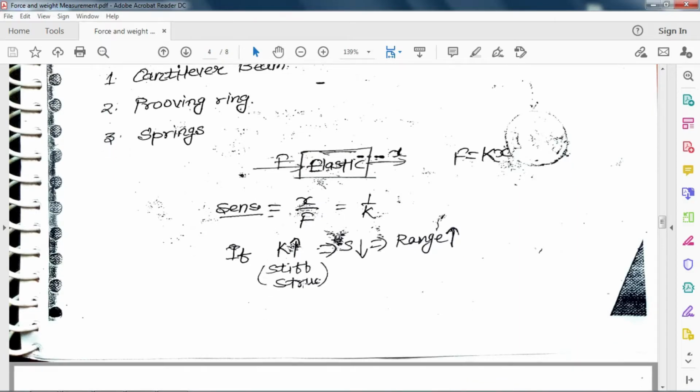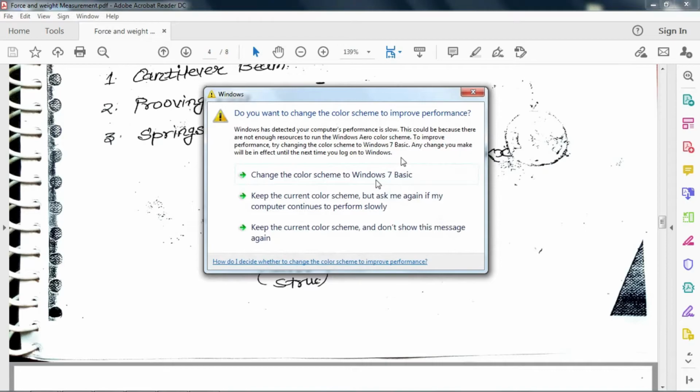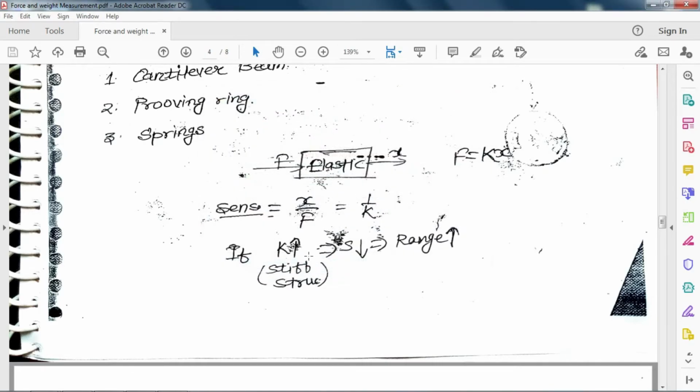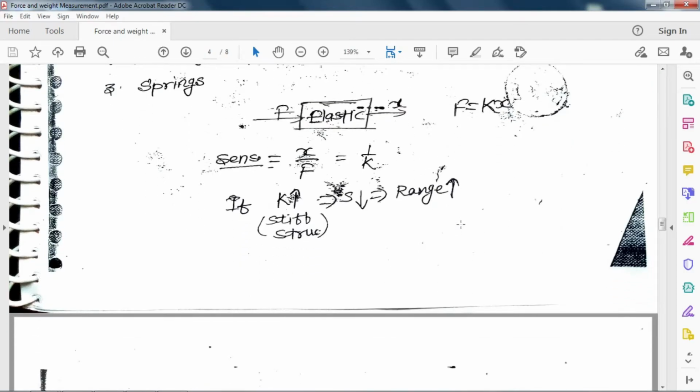If the structure is a stiff structure, then the sensitivity decreases and the range increases.